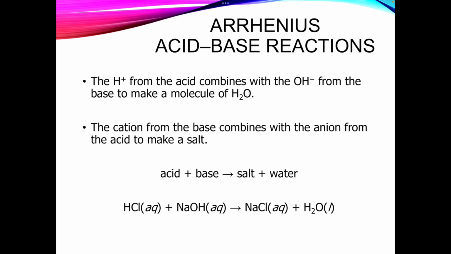Okay, so our Arrhenius acid-base reactions. Essentially, the way this plays out is the H+ from the acid combines with the OH- from the base, and it makes H2O, right? We would have 2 hydrogens and an oxygen, so that's H2O. And then whatever is left over, so that cation from the base and the anion from the acid, combine to make a salt.